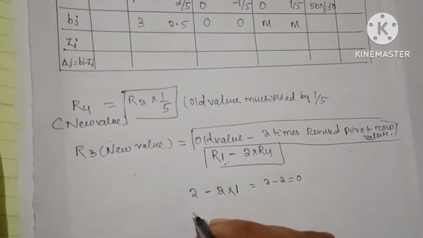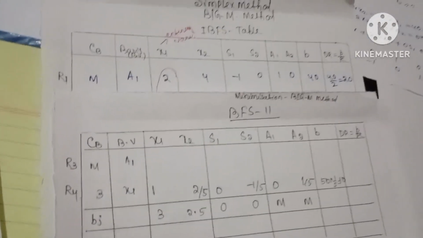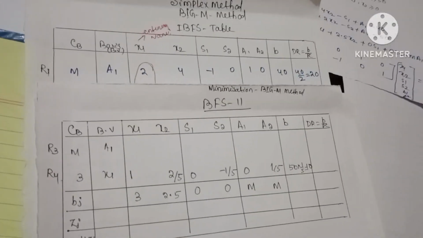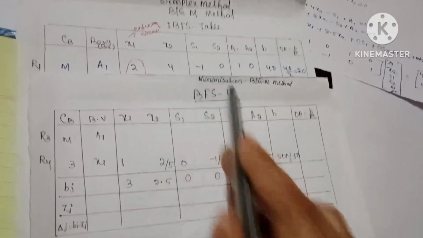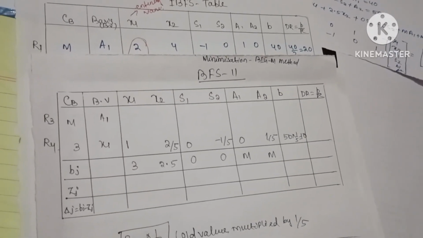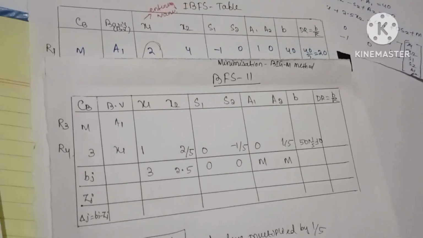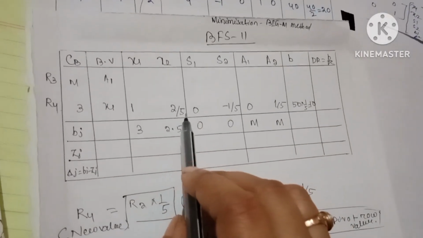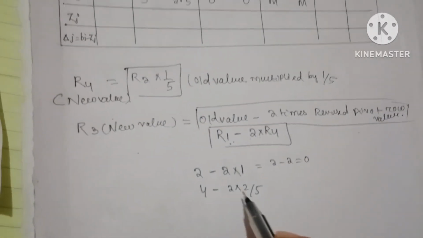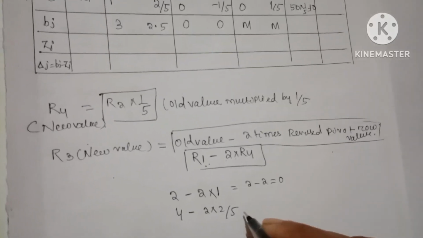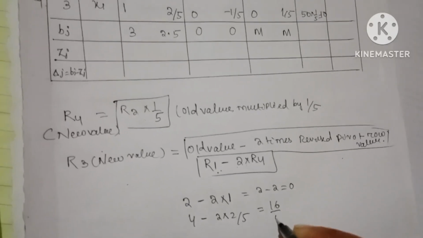Then the next is row 1 minus 2 into row 4. Row 1 value is 4. So 4 minus 2 into 2 by 5, where the revised pivot row value is 2 by 5. So this equals 16 by 5.